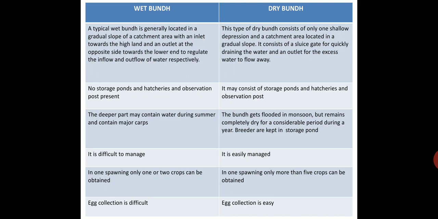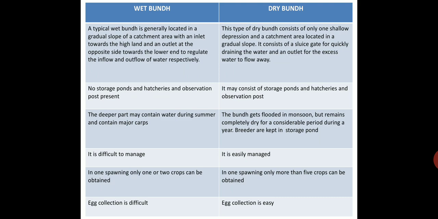Look at the difference between the two types of bund, that is wet bund or perennial bund, and dry bund or seasonal bund. First one, wet bund. A typical wet bund is generally located on a gradual slope of a catchment area, with an inlet towards the highland and an outlet on the opposite side towards the lower end to regulate the inflow and the outflow of water respectively.